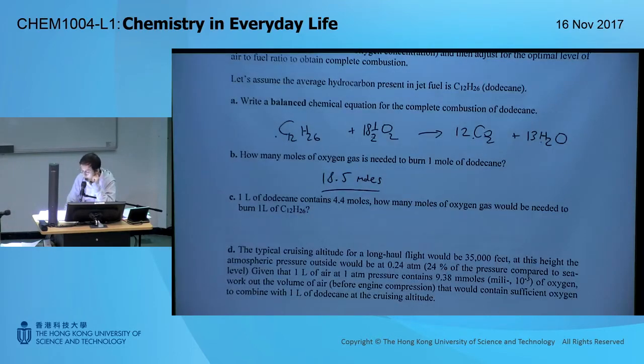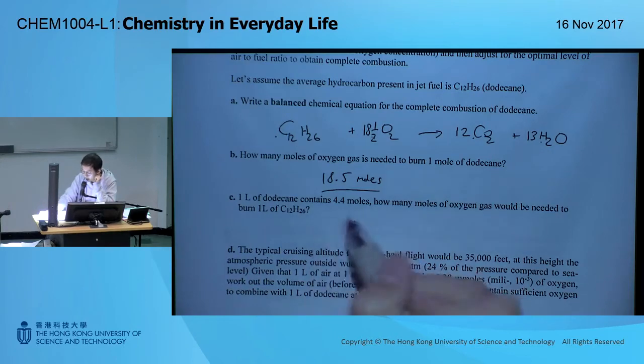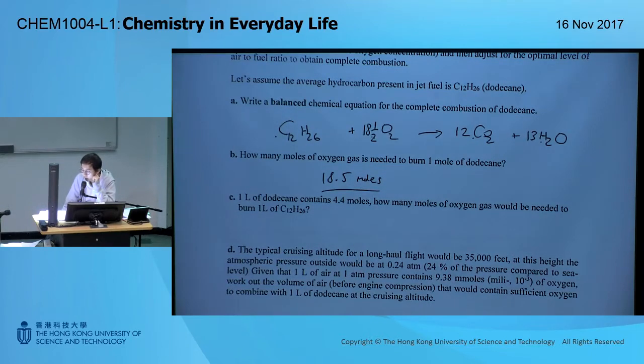So if 1 liter of dodecane contains 4.4 moles, this is given to you, because for a liter you have to take into account the density. So now you know that 1 liter contains 4.4 moles of dodecane. How many moles of oxygen will be needed to burn 1 liter of C12H26?